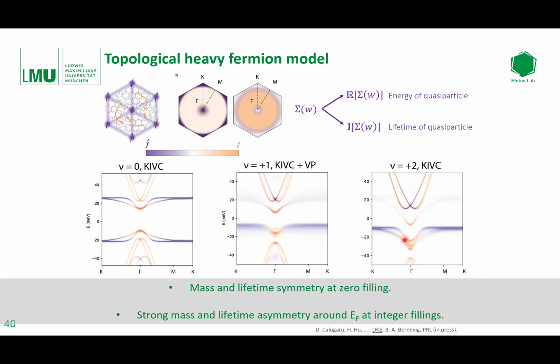And I want to come back here, because this picture that I have just painted is really in line with these DMFT calculations based on the topological heavy fermion model, where for the different ground states that one can obtain at filling factor 0, most of them are electron-hole symmetric, and the transport is dictated by the C electrons.